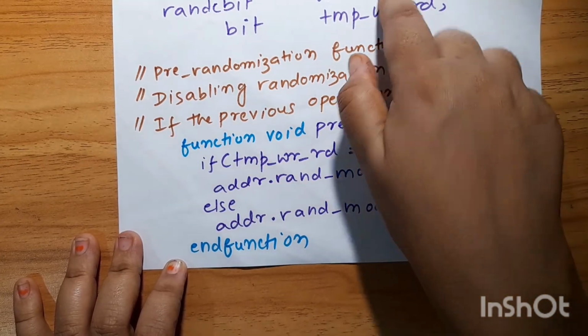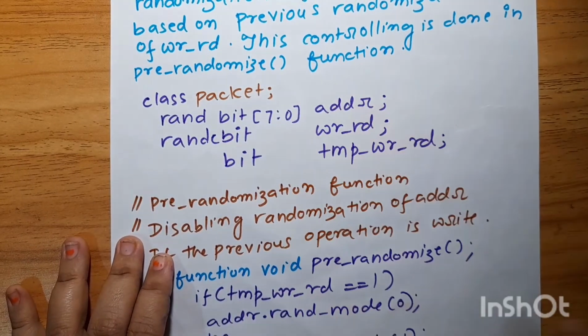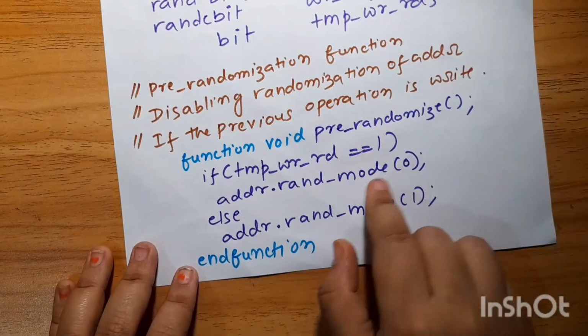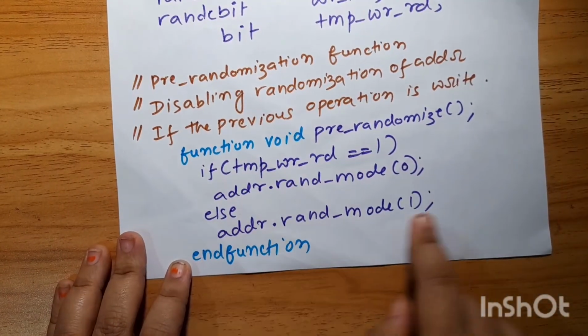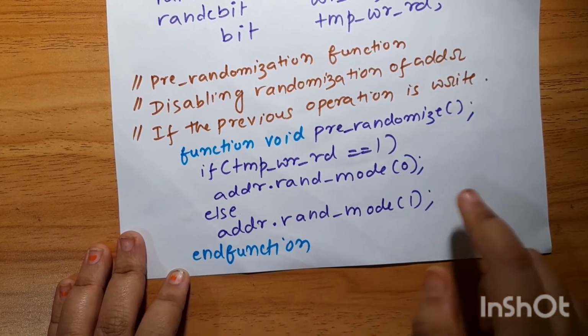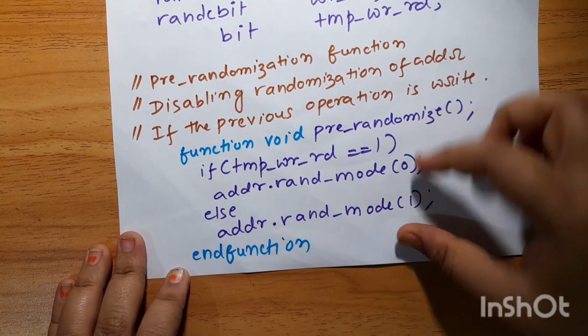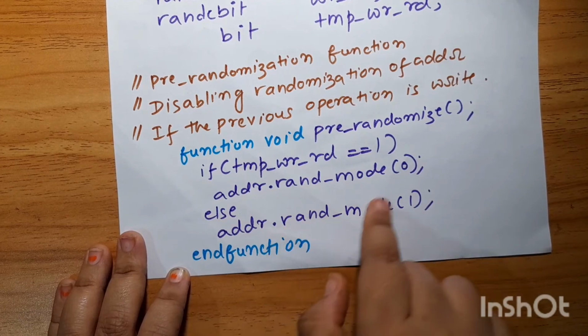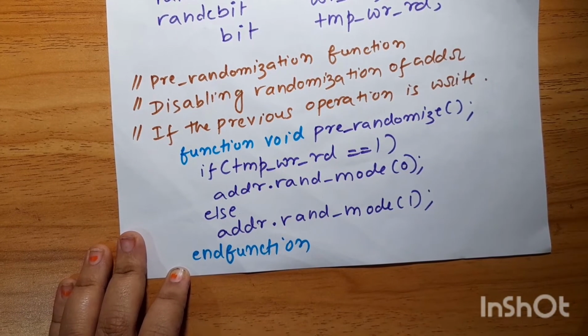That means this address variable won't get randomized. If it is 0, then we go to the else part of the statement, addr.rand_mode(1); endfunction. So in that case the randomization will remain enabled.